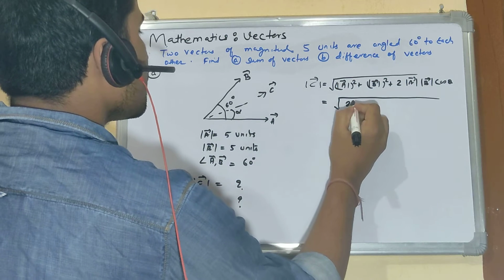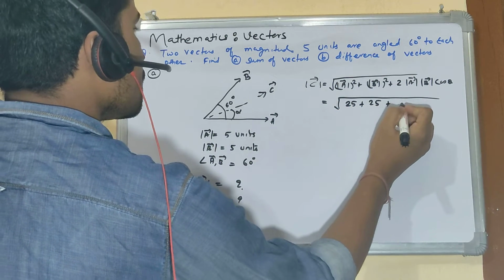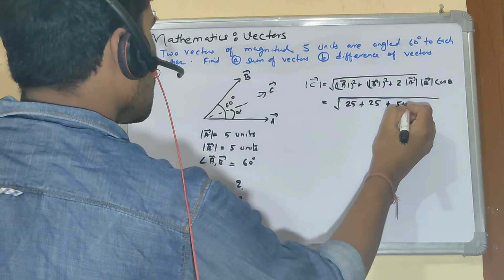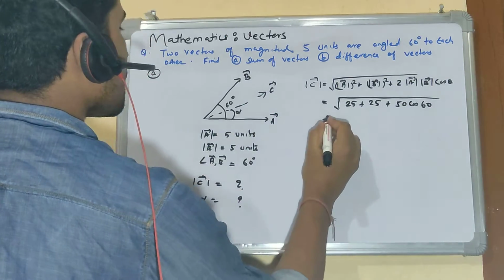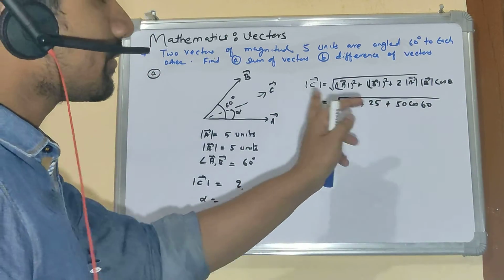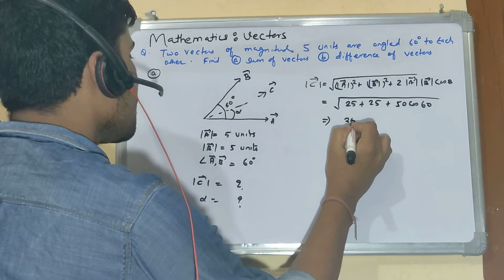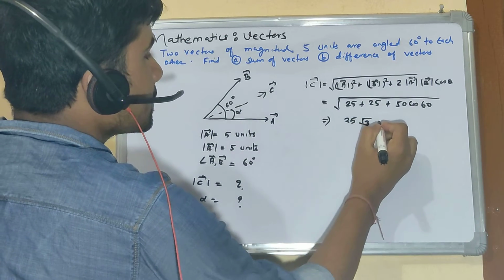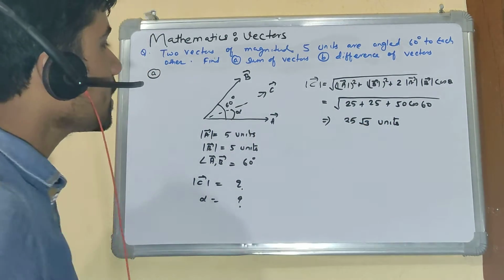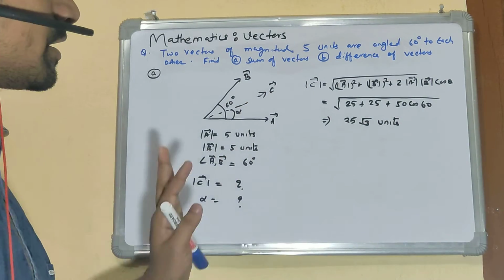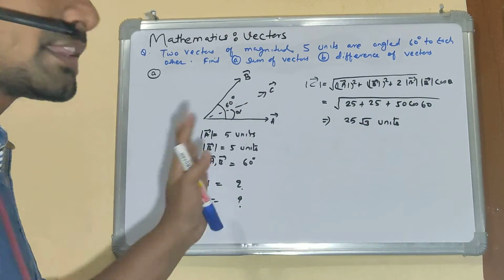This is 25, this is 25, this is 50 into cos 60. So this is again 25. So 3 times 25 is nothing but 25 root 3 units. So the magnitude of this resultant vector is 25 root 3 units.